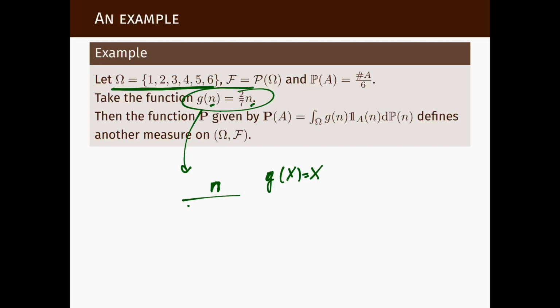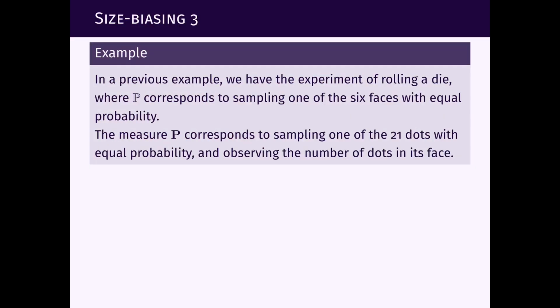So this would be n divided by the expectation of x. And the expectation of x, we know what it is when we roll a die. The expectation is 7/2. So this is where this 2/7 n came from. And let us continue discussing here. So we had 1, 2, 3, and so on. We're taking values on this set with the same probability, uniform on this set.